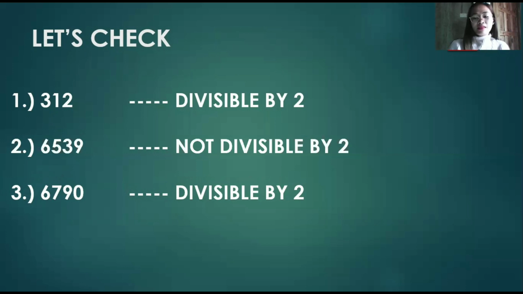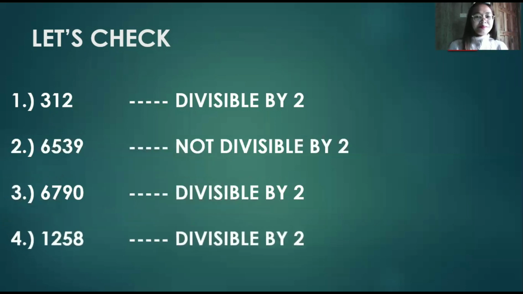Very good. Next. Okay, so the given is 1,258. So, 8 is the last number which is even or pares. Ang last number ha is 8. So, automatic, the answer is divisible by 2.